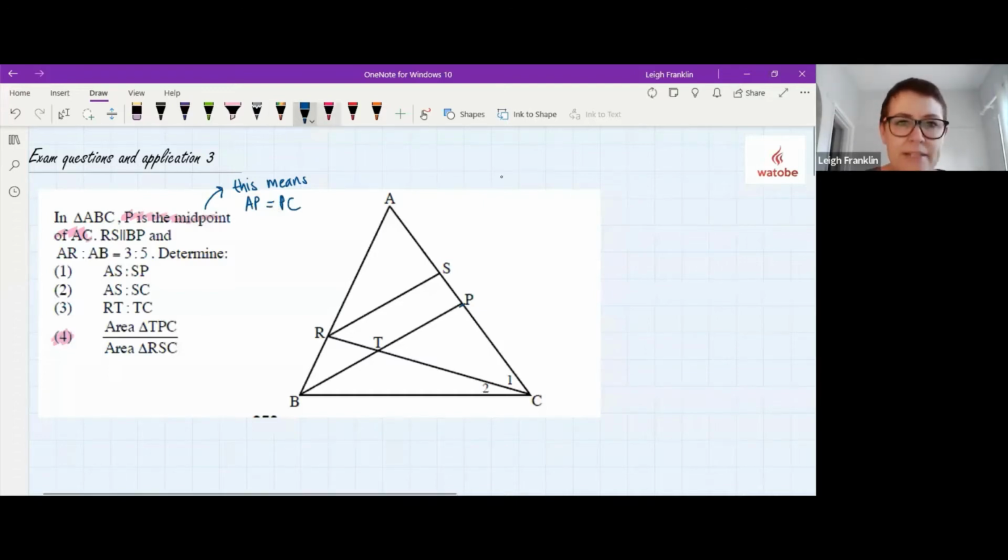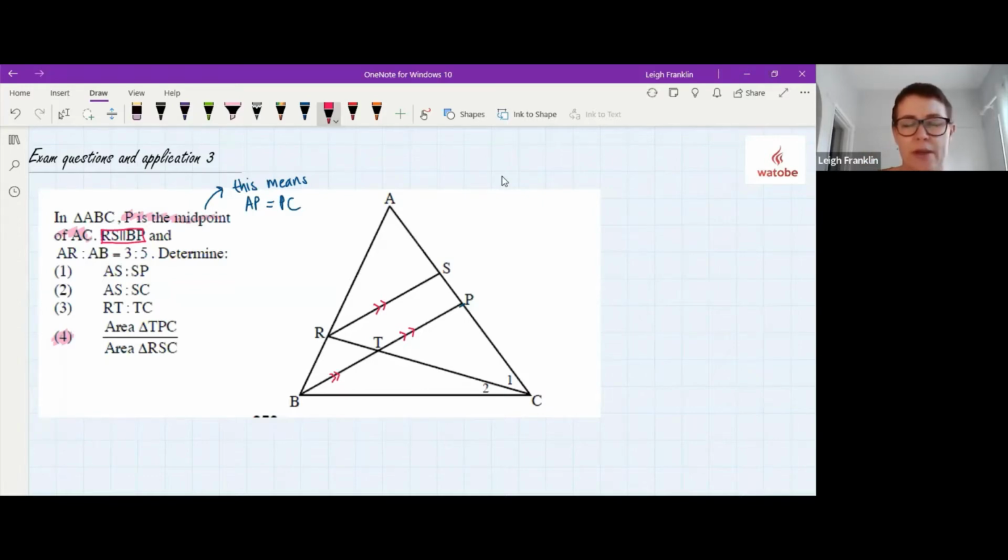The other thing that they tell us here is that RS is parallel to BP. RS is parallel to BP. Okay, and that will be along the entire length over here. All right, lovely. So now that they've given us parallel lines, what does that mean for us? We've got triangles, we've got parallel lines.